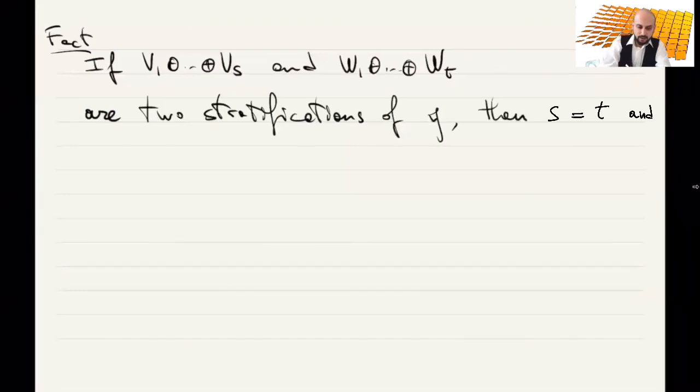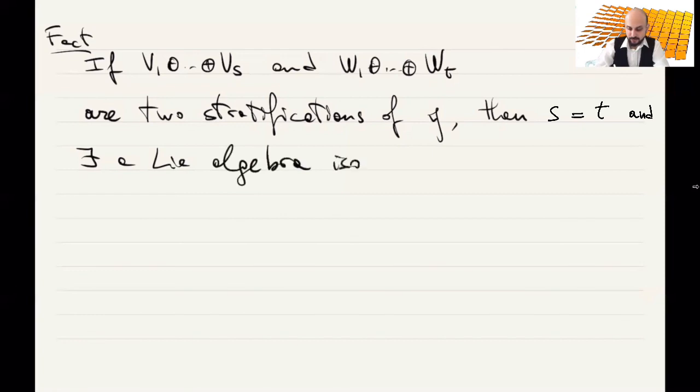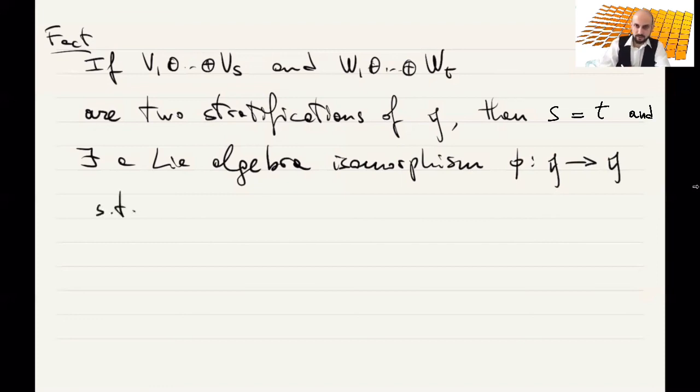Then S is equal to T and there exists a Lie algebra isomorphism, let's call it phi from G to G. So it's an automorphism, such that the map phi sends the ith layer with respect to V to the ith layer with respect to W for all degrees i.